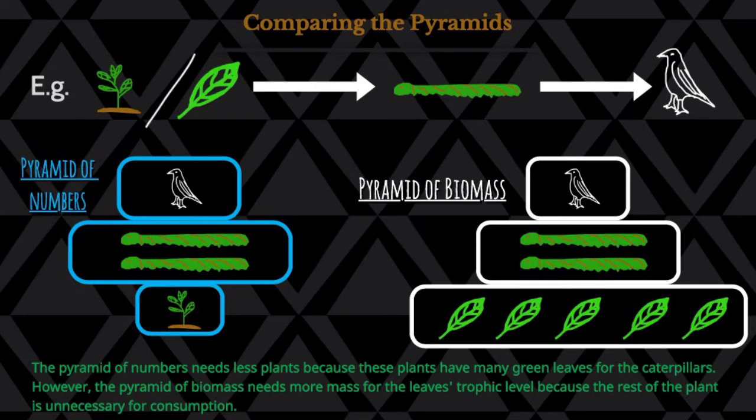And then the lion, we just need a smaller population of lions. A pride can be composed of 3 male lions and probably around 12 female lions, which means we need a lot of giraffes if you look at the numbers. But if we look at the pyramid of biomass and how big giraffes are, we don't need a lot of numbers.